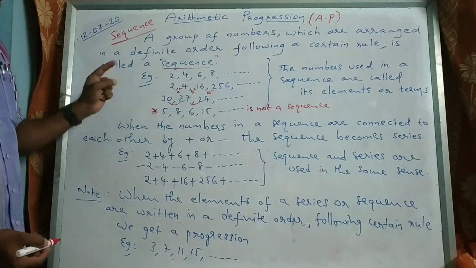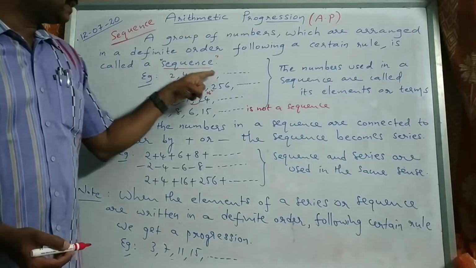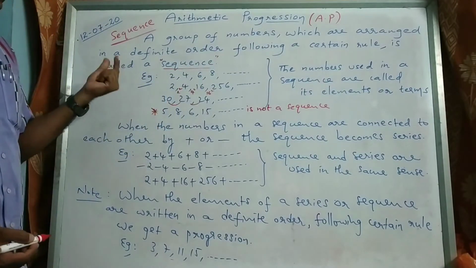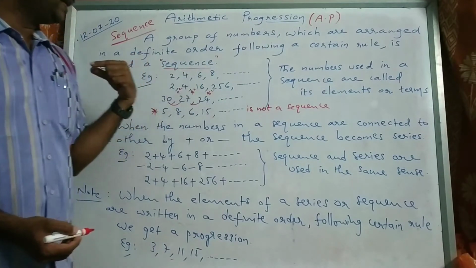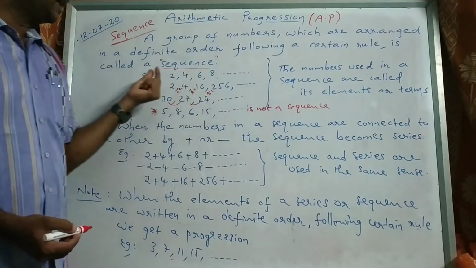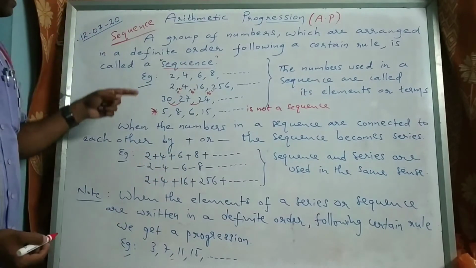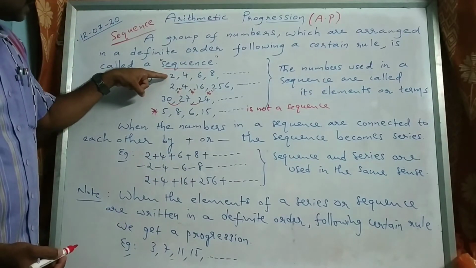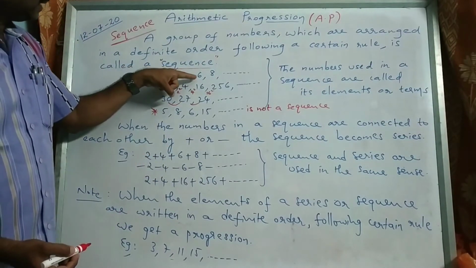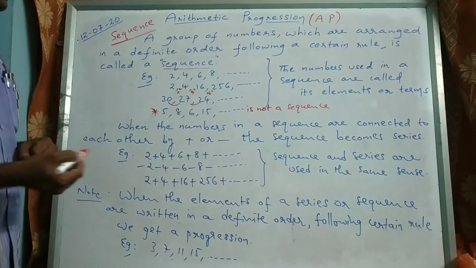What do you call these 2, 4, 6, 8? The sequence. In that sequence, the numbers used are called elements or terms. Simply we say terms: first term, second term, third term, fourth term, like that.